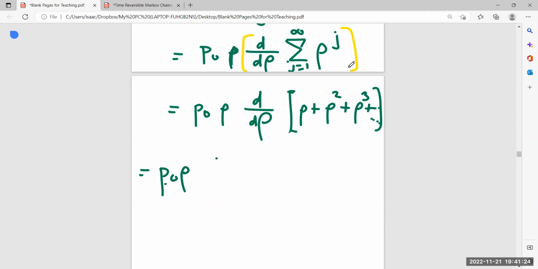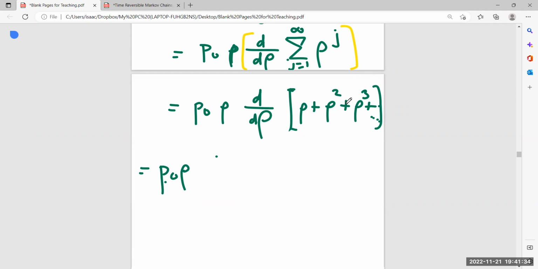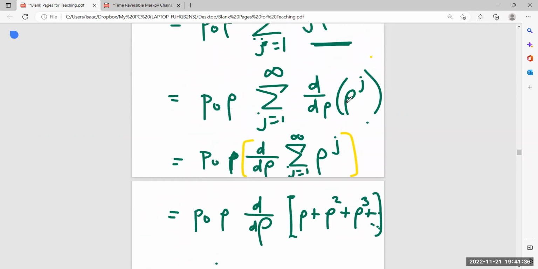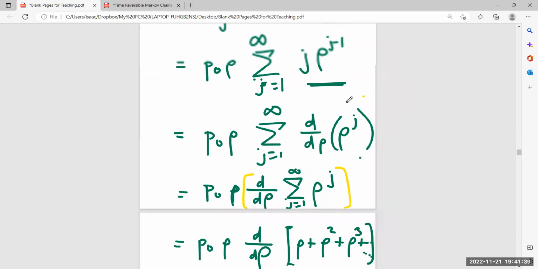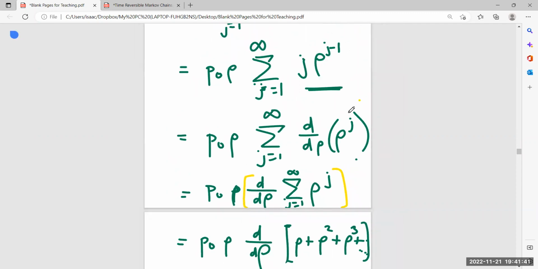So if I differentiate that, this would be the sum, right? Maybe I should not have done it like this. If I move this across, this is the sum over j, that's 1 plus rho squared and so on.